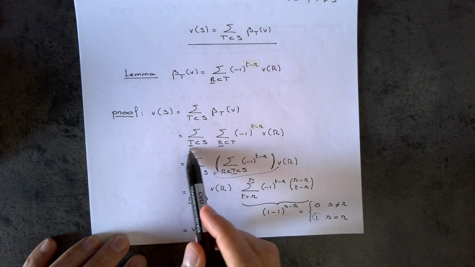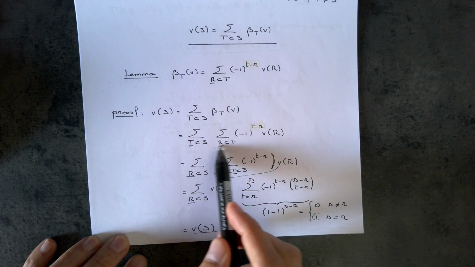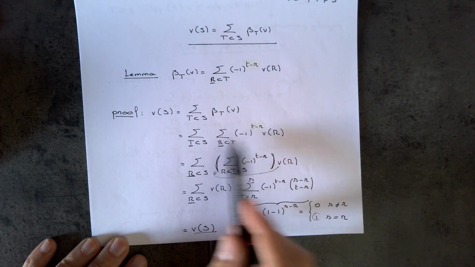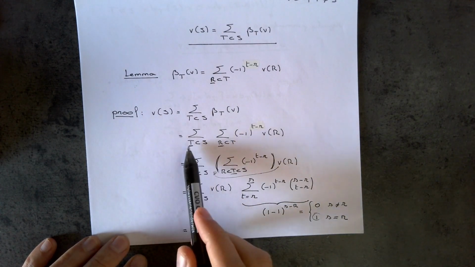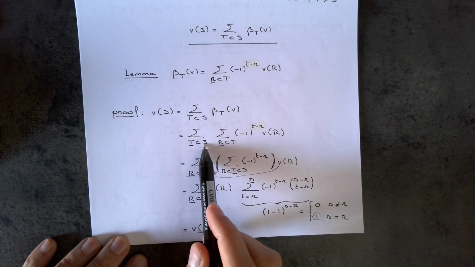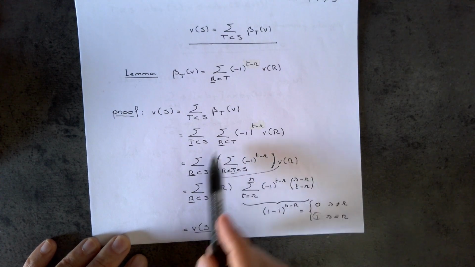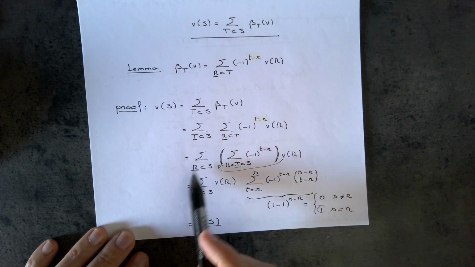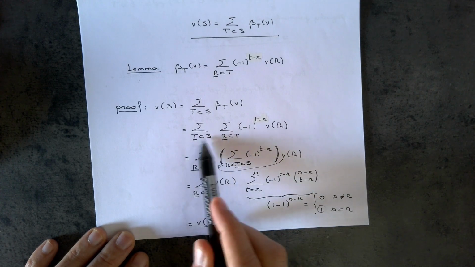And here we have a sum over all subsets of S, and then a sum over all subsets of T. So the next step is going to exchange these two summations. So summing over all subsets of S and then over all subsets of T, we can also do this by first summing over all R subsets of S, and then over all T that is sandwiched between R and S.